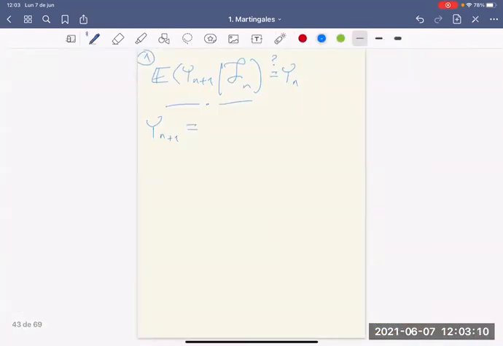So what I have in here is X_1 divided by m_1 times X_2 divided by m_2 times up to X_n divided by m_n times X_{n+1} divided by m_{n+1}.